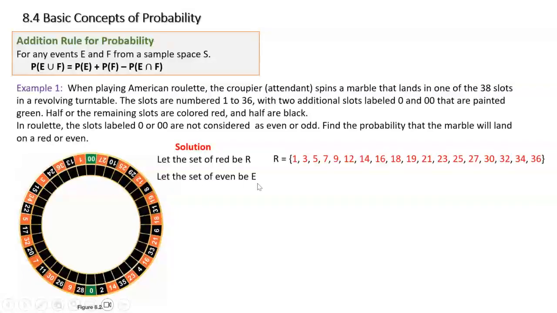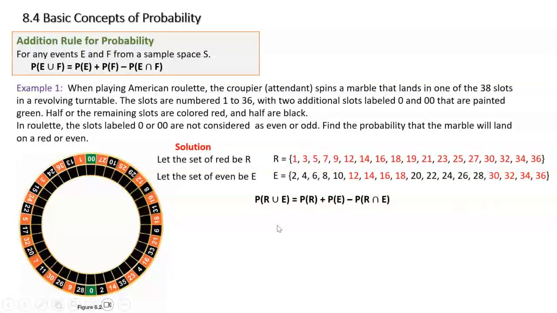So E stands for even. These are the even numbers on the table. Again, I went all the way around, and I put all the even numbers with whether they're red or black. So for example, 2, 4, 6, 8, 10 are black, 12, 14, 16, 18 are red, 20 to 28 are black, and 30 to 36, the even numbers, are red.